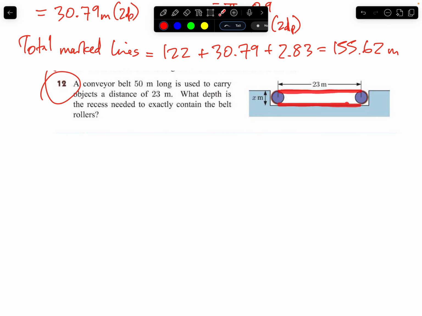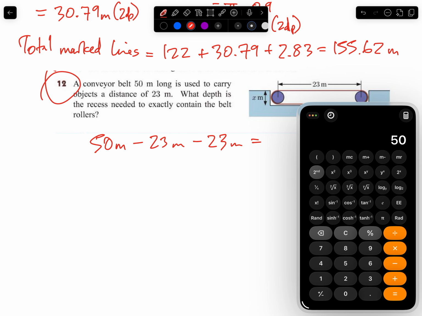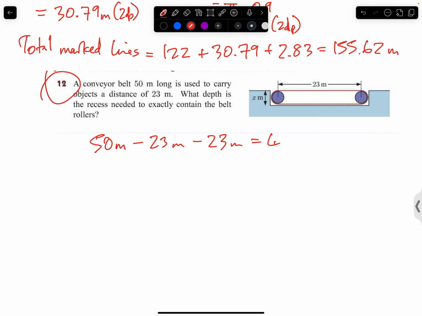So 50 meters minus 23 equals, 50, take 23, take 23. You have 4 meters left over, 4 meters left for that part and that part.